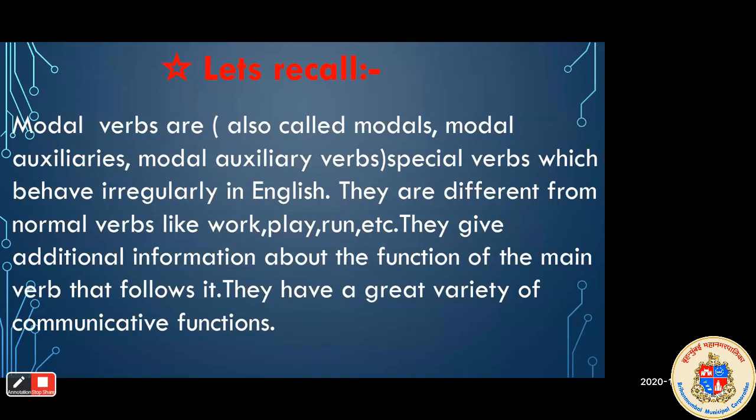So what are modal verbs? They are also called modals or modal auxiliaries or modal auxiliary verbs. They are special verbs which behave irregularly in English. They are different from normal verbs like work, play, run, etc.